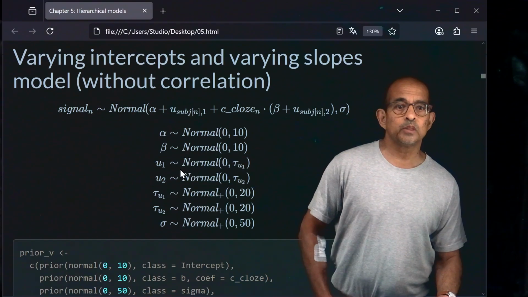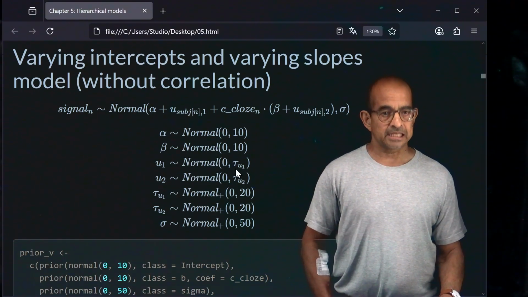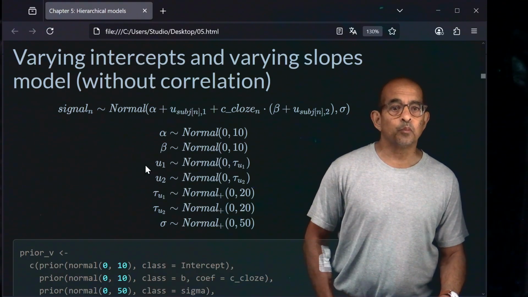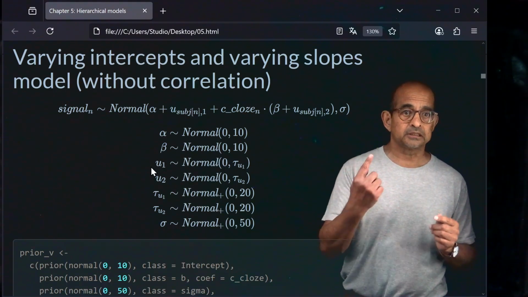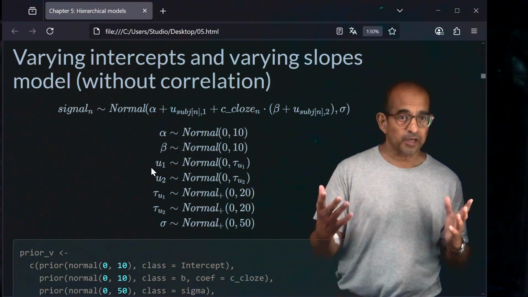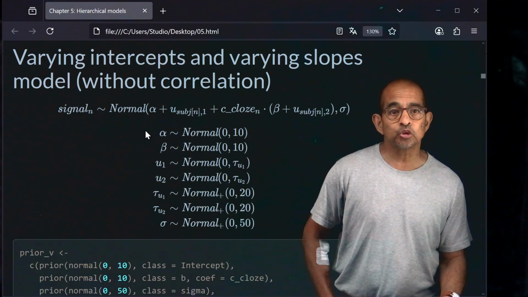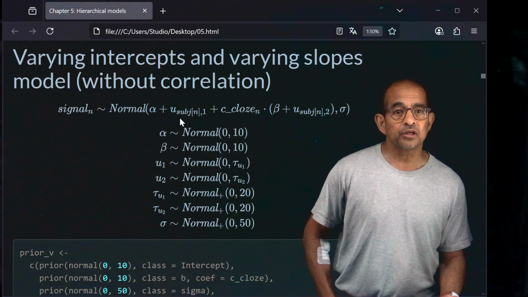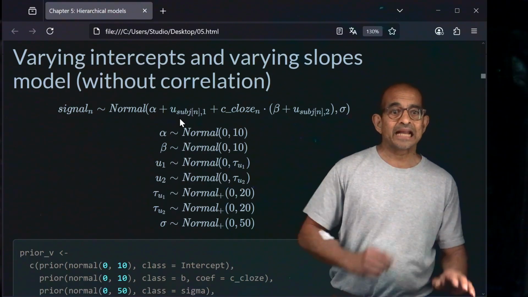That means towards normal 0 and whatever tau u1 is estimated to be. And what that implies is that for that one particular subject that has sparse data, the estimate for that subject will be dragged towards the grand mean, because the mean of each subject's adjustment will be dragged towards 0.